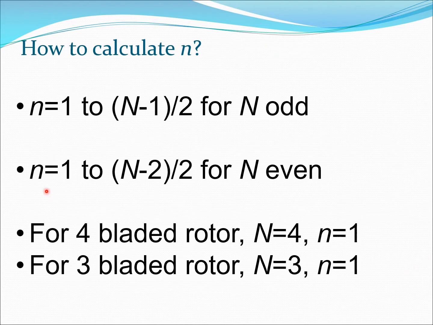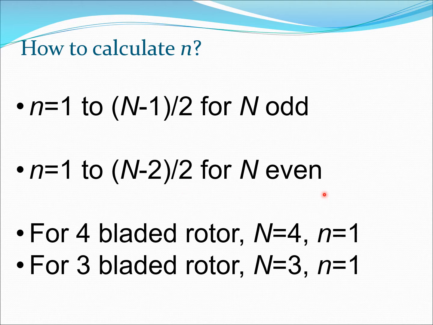Now what's this n? This n is actually not like a summation index in a Fourier series. It's a constant value and it depends on the number of blades. So we can define this small n as 1 to (capital N minus 1) by 2 for N odd, and small n as 1 to (capital N minus 2) by 2 for N even.